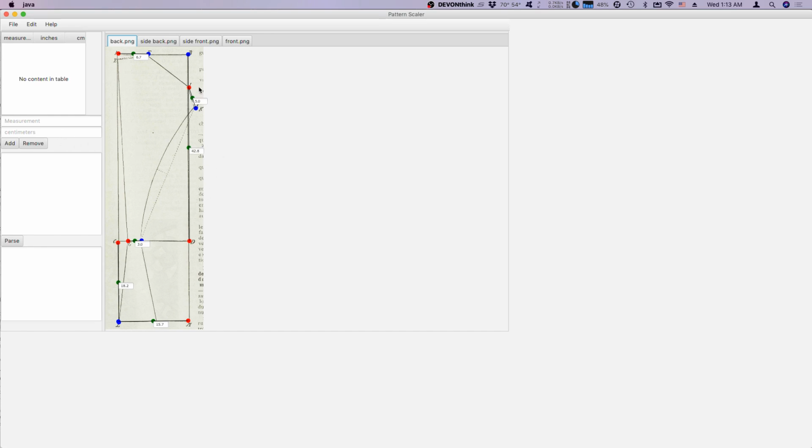I know that A through C is equal to the back length plus 1 centimeter. So A through E was 1 centimeter.